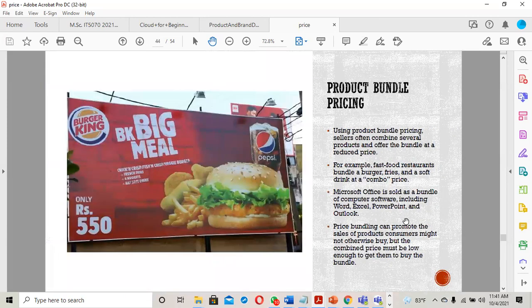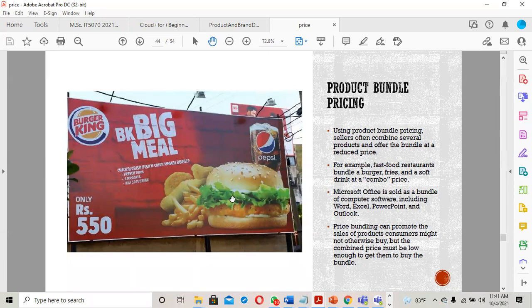Okay, product bundle pricing. Okay, product bundle pricing. Now this is again a very clever example. The customer feels like he's buying a lot of items, feels like a huge deal.